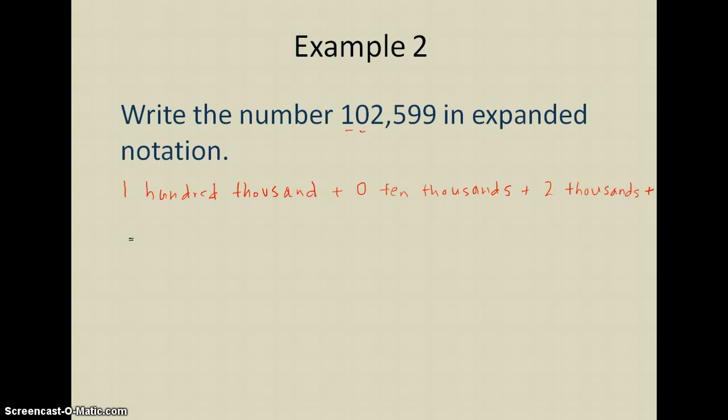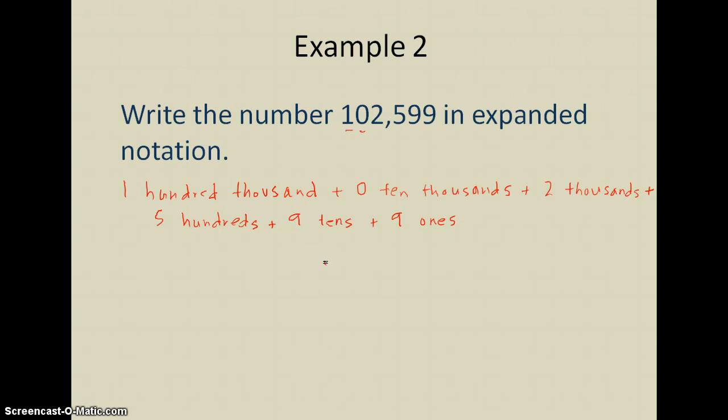And then I have 500s. And I have 9 10s. And I have 9 1s. Okay, so that's one way I can write that number out. And if you like to make sure that you're accounting for every digit in the number, then you can definitely include the 0 in the 10,000s place here.